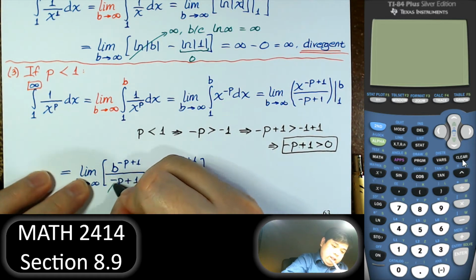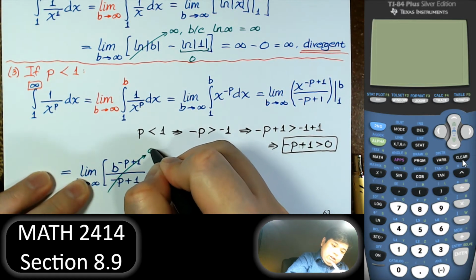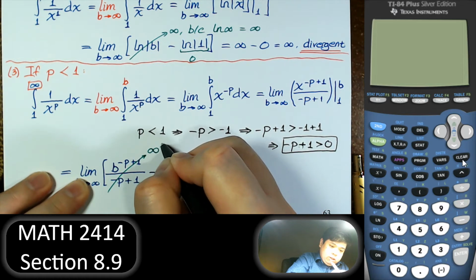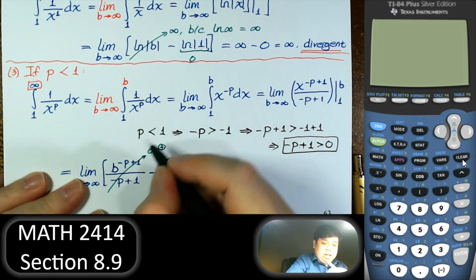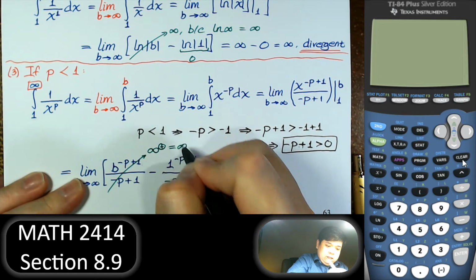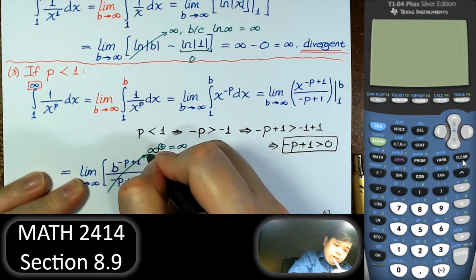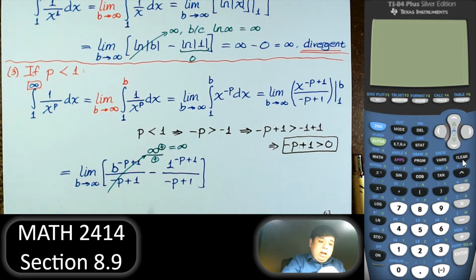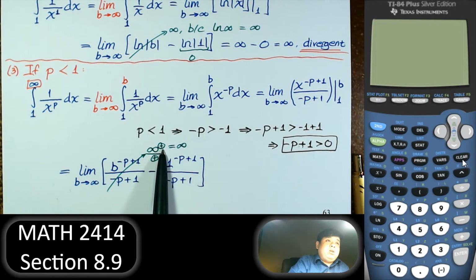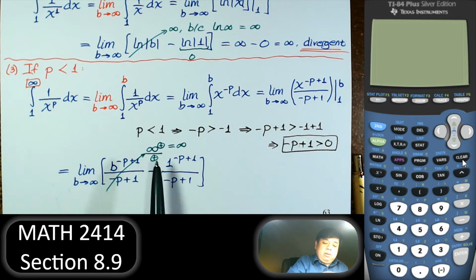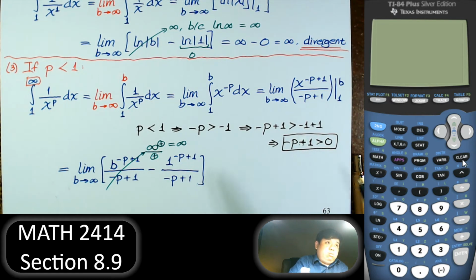So what we have here is infinity to a positive number, which is infinity. By the way, negative p plus 1 here is also positive. So infinity raised to a positive number is infinity, divided by a positive number, so still positive infinity. And 1 raised to any power is 1.